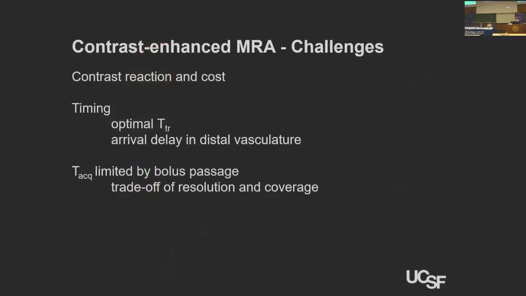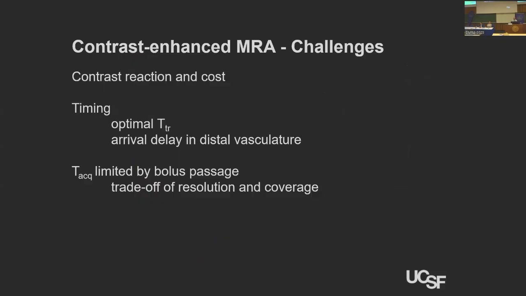So what are some of the challenges of contrast-enhanced MRA? First of all, contrast side effects, potentially, as Giles has expounded on earlier, and the cost of the agent. Technically, one of the major challenges is the determination of the optimal timing between injection and acquisition of the sequence.